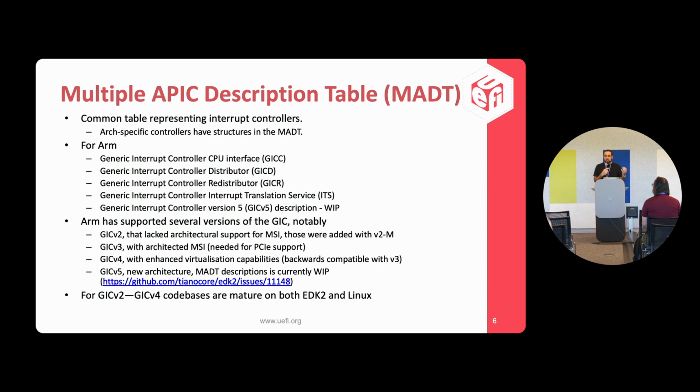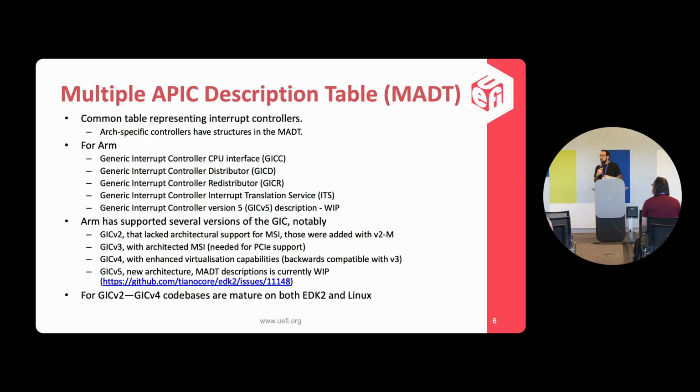The GIC architecture started with version 2, and these are all supported in ACPI. Version 2 lacked MSI native delivery. We added that through what we call the V2M extension, which is defined in one of the ARM base system architecture specifications. It allows you to do an MSI delivery frame for the GIC V2.